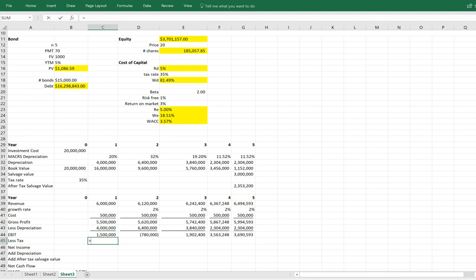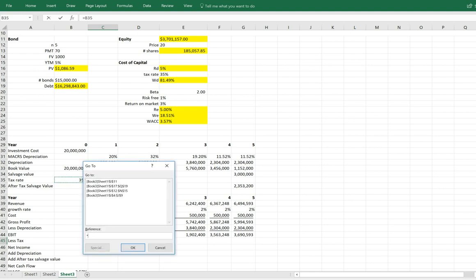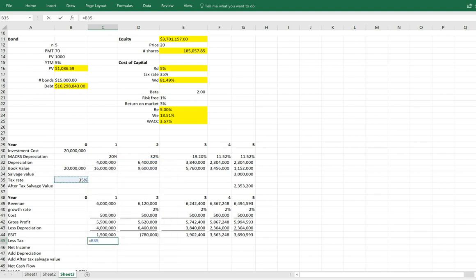The tax rate is 35%, multiplied by the EBIT. This is the tax they're going to pay every year. In the second year they have a negative tax, which means they get a tax rebate from the government. Net income is the EBIT less the tax.